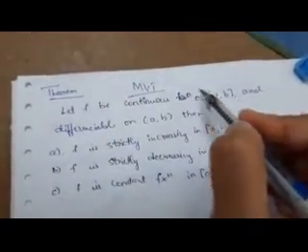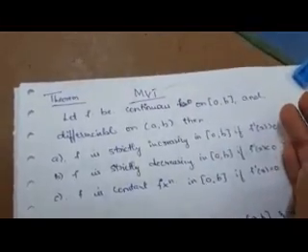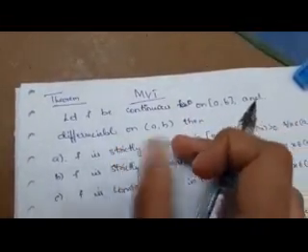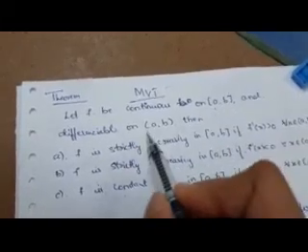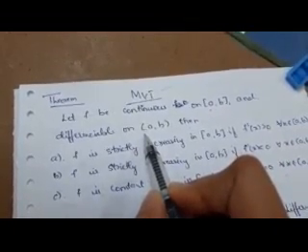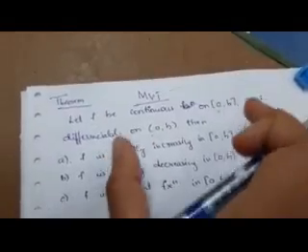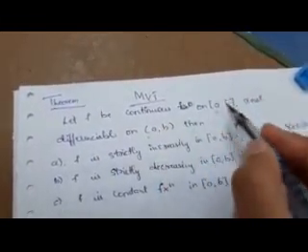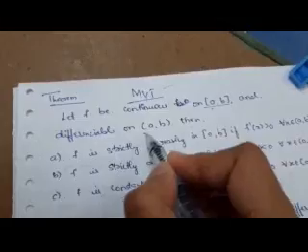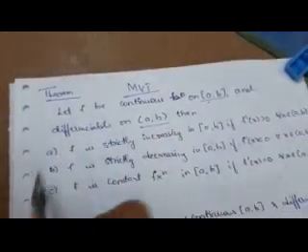If f is a function from the closed interval a comma b to the set of real numbers, continuous on the closed interval a comma b and differentiable on the open interval a comma b, so all the conditions of the mean value theorem are satisfied in this theorem also, then there exists some c belonging to a comma b such that f dash of c is equal to f of b minus f of a divided by b minus a.